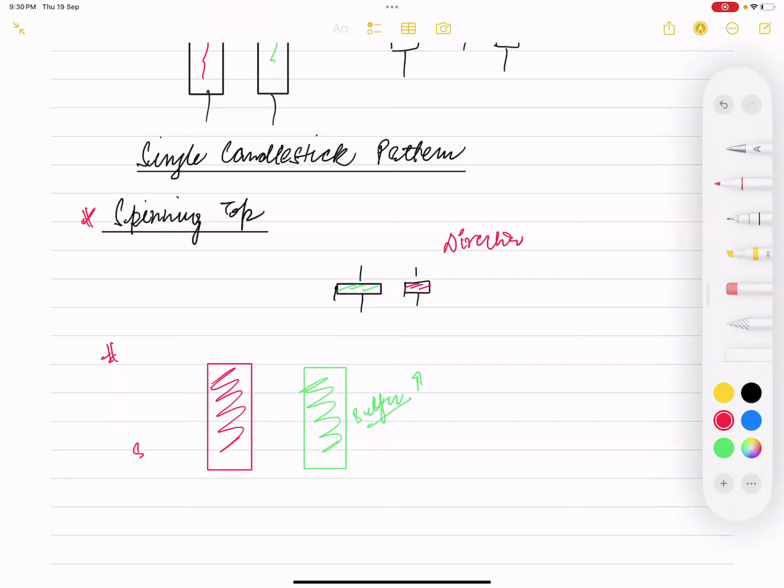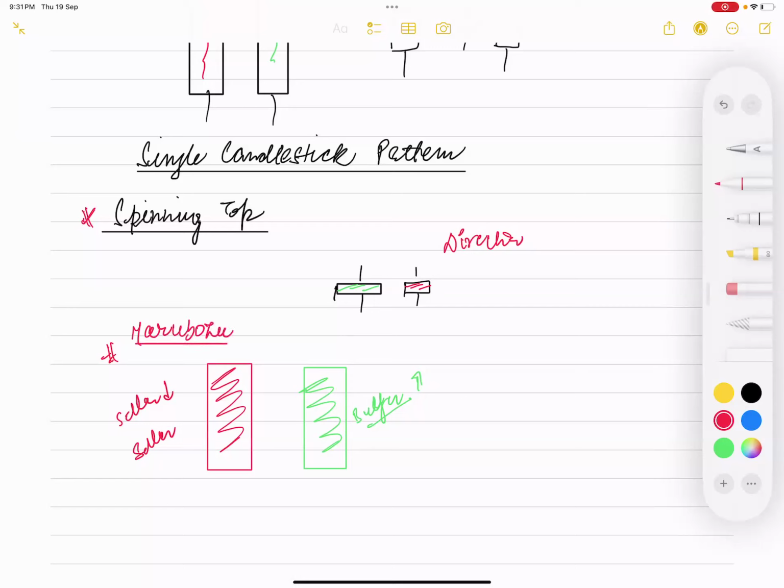If it's a red or bearish Marabuzu, that suggests that sellers are taking the price downward. It is called a Marabuzu. I'll just write it.